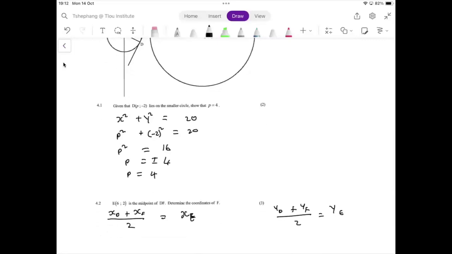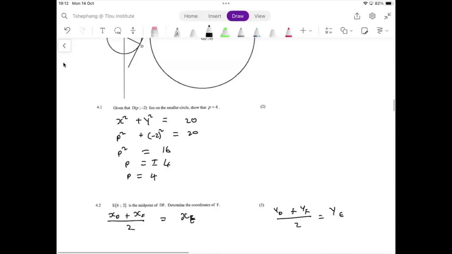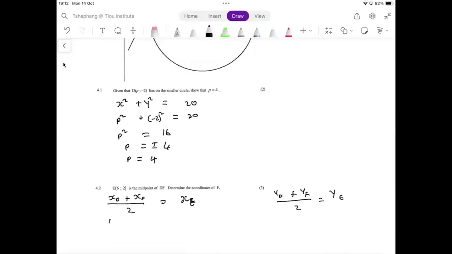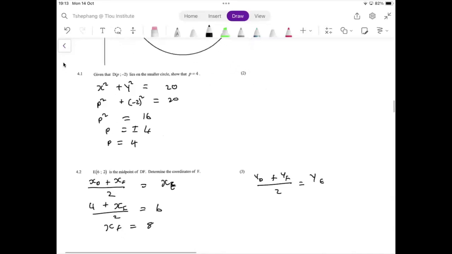Now, let's substitute. So we can say that 4 plus x of f over 2 is equal to 6. And then x of f must give us 8, 12 minus 4 to give us 8. Then on the other side, minus 2 plus y of f over 2 is equal to 2. And y of f is equal to 6.